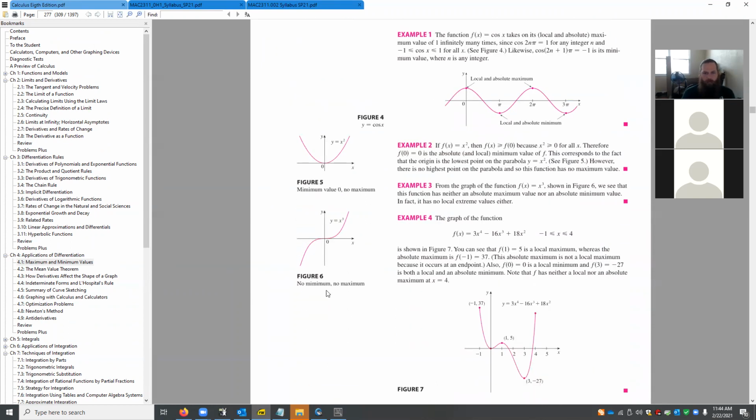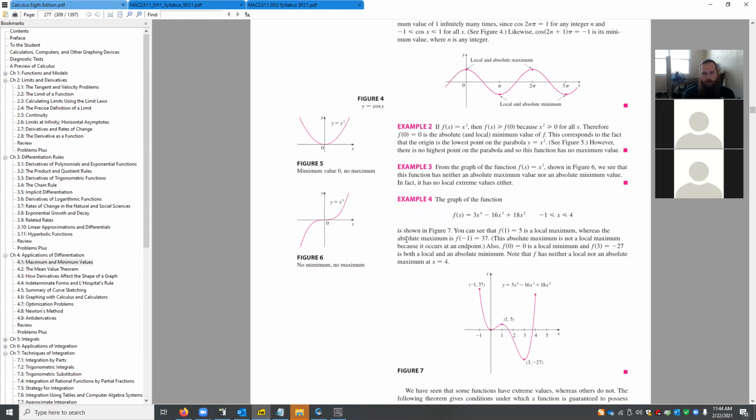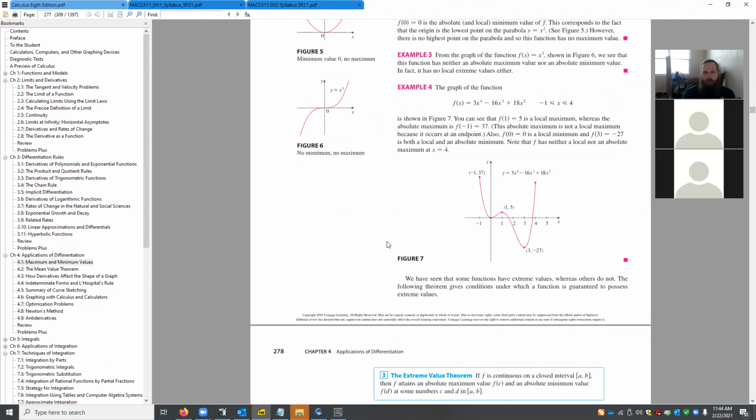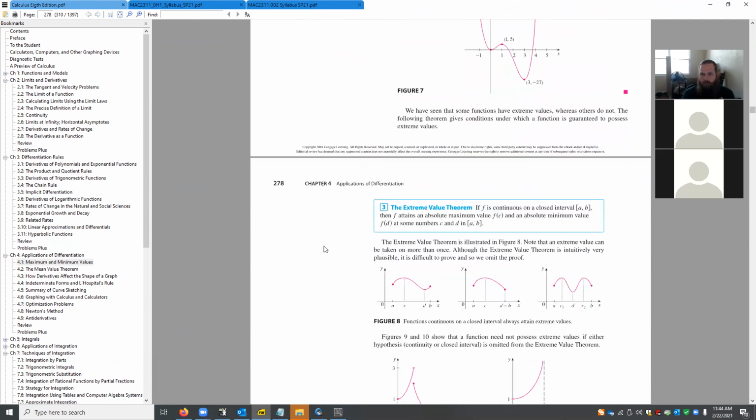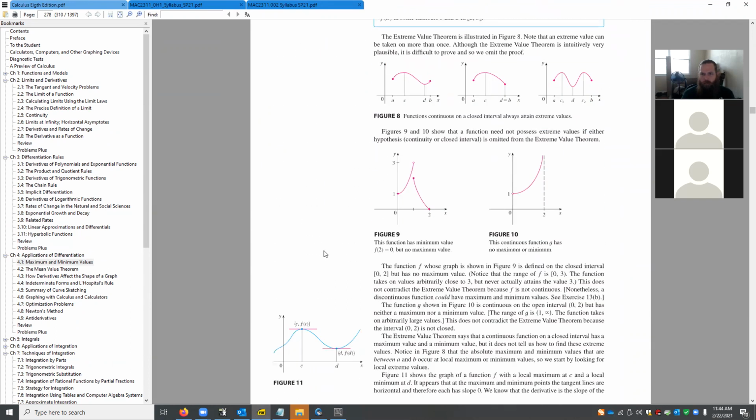X cubed, this was the picture I drew earlier, where you do have a horizontal tangent line at x equals 0. But even though you have a horizontal tangent line there, you don't attain a min or a max. Let's run through, let's see, was this one that we did? So, continuous on a closed interval.